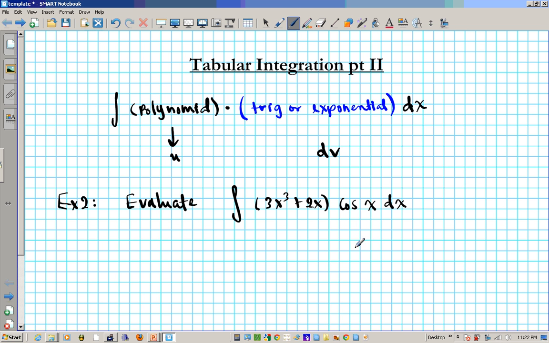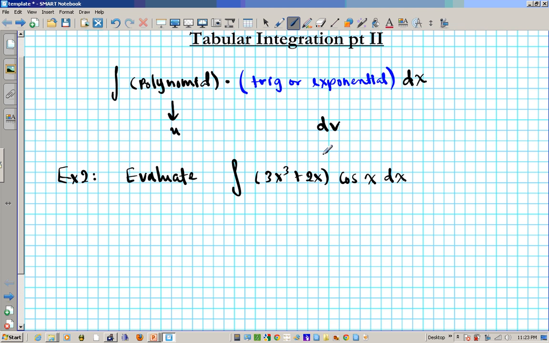So in this problem, what is u? We have a polynomial function and a trig function here, so this is a prime candidate for tabular integration. What we're going to do first is set up our table for u and dv.